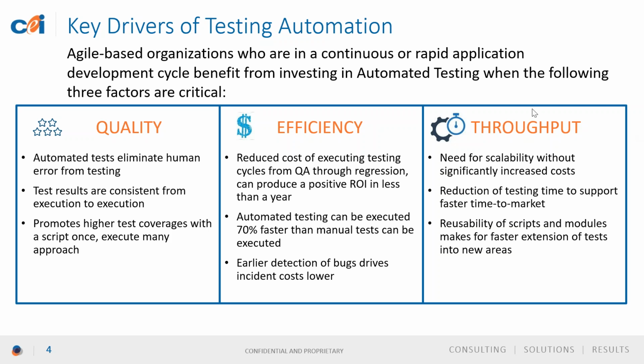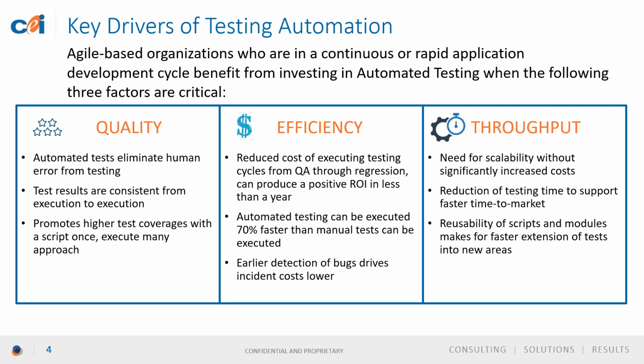Automation test execution can be realized as much as 70% faster than manual testing would be. And of course, that depends on the architecture of the application and the automation tools that are chosen.